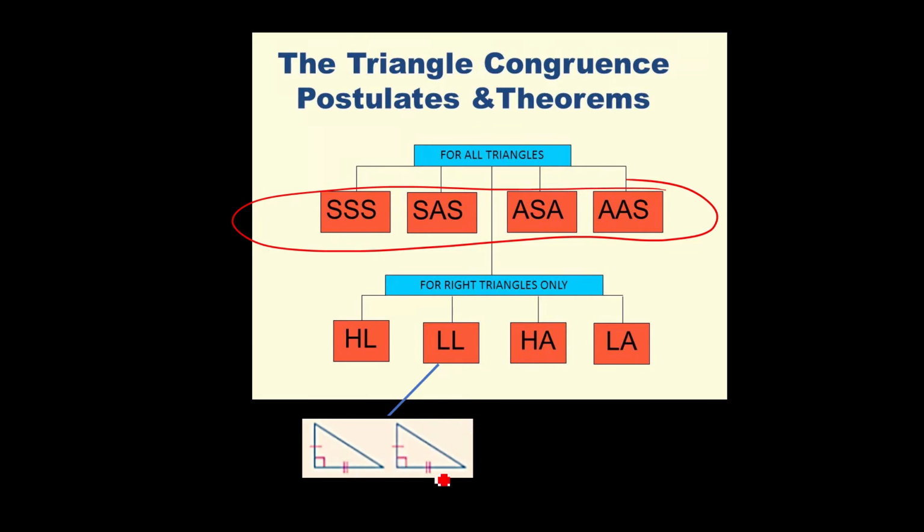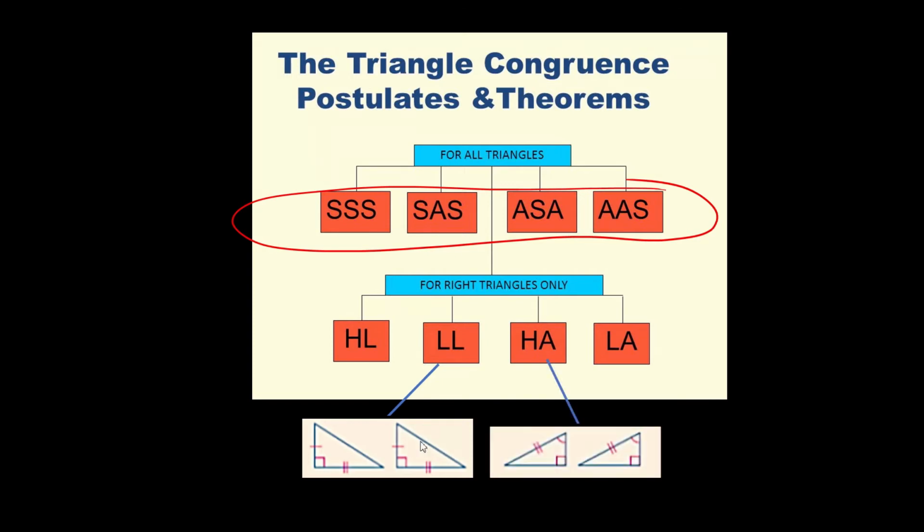The two legs are congruent, but then there's the right angle in between them. It has to be, right? Because they're legs and the angle between them is the right angle. And that's like side angle side, isn't it? So LL is really no different than side angle side. You could use side angle side, so why memorize another theorem? Okay, fine. So side angle side for right triangles works just as well.